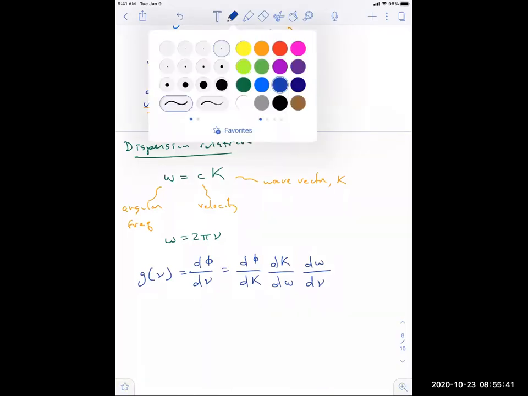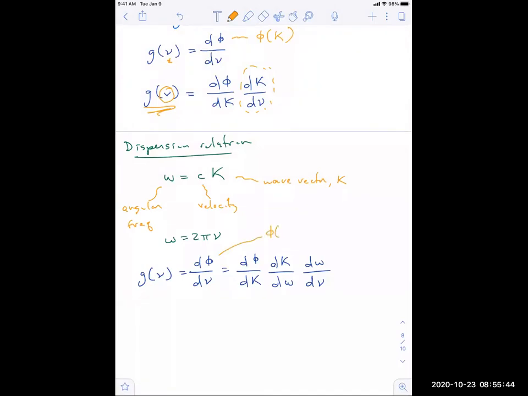And if I remember that phi of k equals V over 6 pi squared times k cubed, now coupling this along with our dispersion relation, we know what all of these values should be. So I can write that g of nu, just plugging in now, the derivative of phi with respect to k is going to be, is that right? Yeah, V over 2 pi squared times k squared.